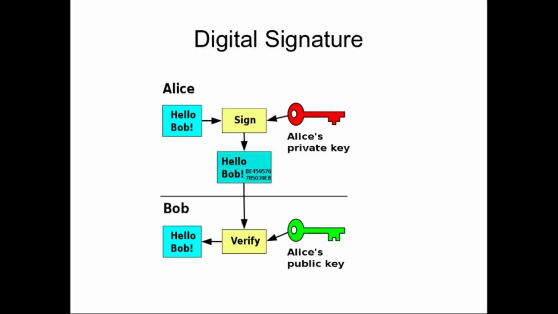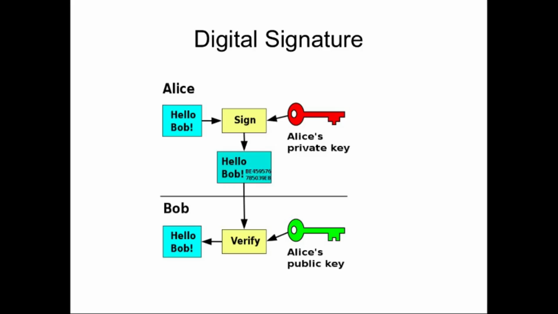The thing is that when you distribute the public key to everyone, anybody can send you any message using your public key. But if you're not sure who sent it, the person who says he is Alice might be somebody else using your public key. So how do you really identify that this is Alice?